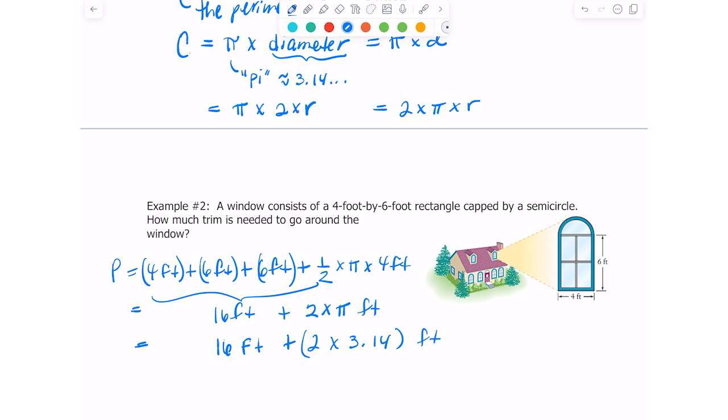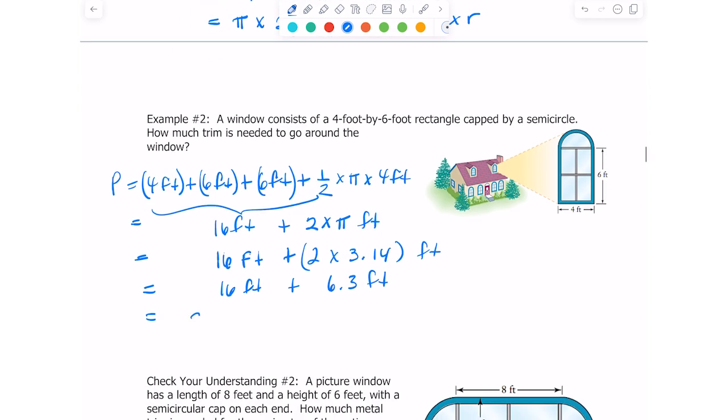So it's 16 feet plus about 6.3 feet. Okay, it's really like 6.28, but we can round it to 6.3. And then if I add those together, I get 22.3 feet. So that's how much trim is needed to go around that window.